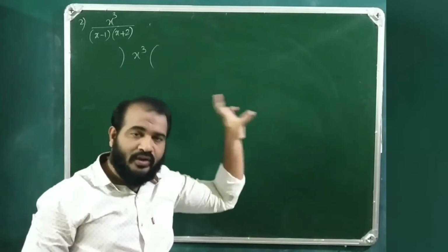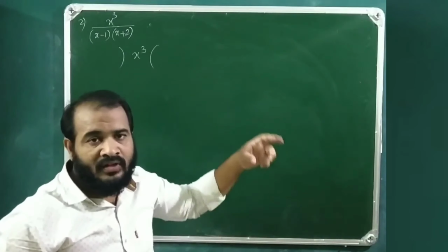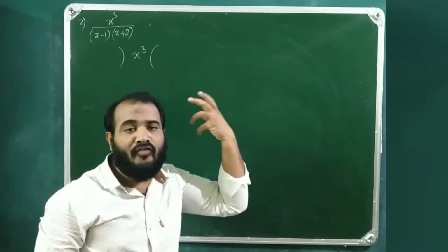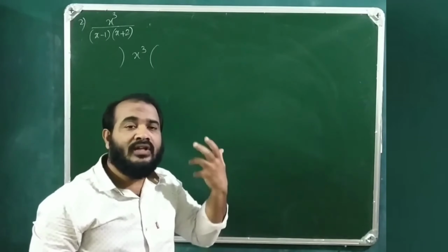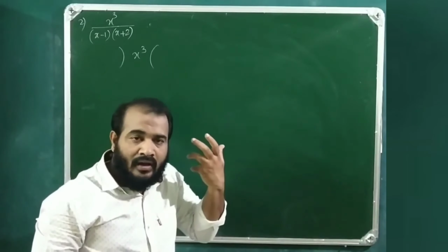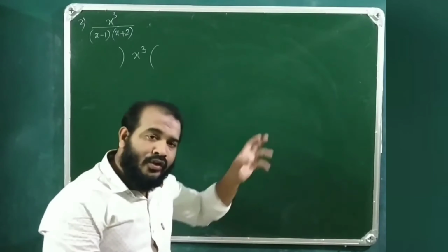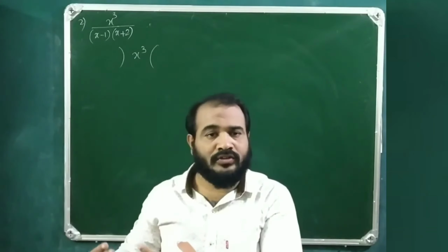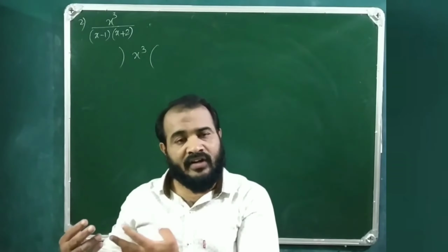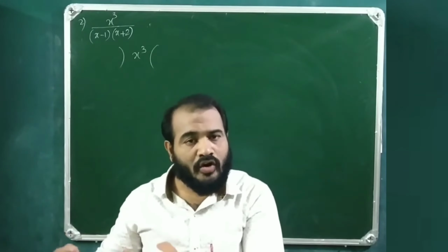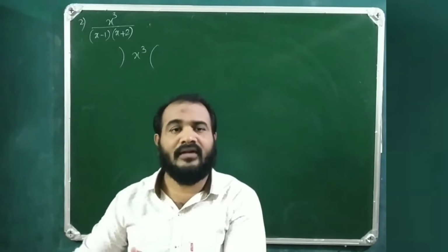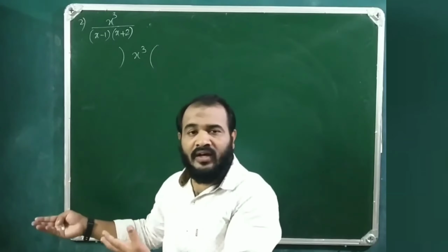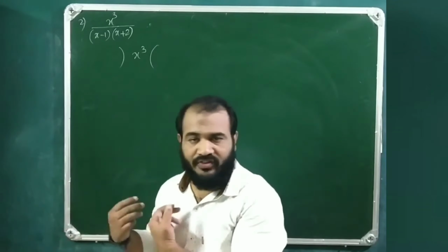But without actually dividing it, we have simply taken the coefficient of the highest degree term in f(x) by the coefficient of the highest degree term in the denominator, plus the usual partial fractions. That was the shortcut. So here we don't have any shortcut except going in a conventional way, which is the division process.